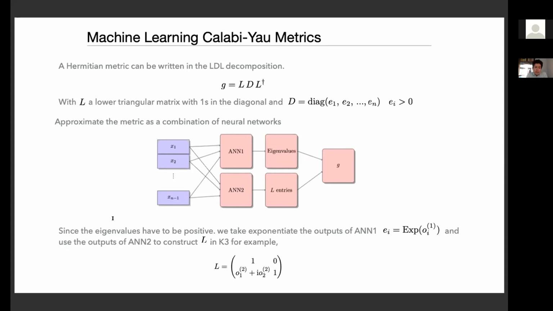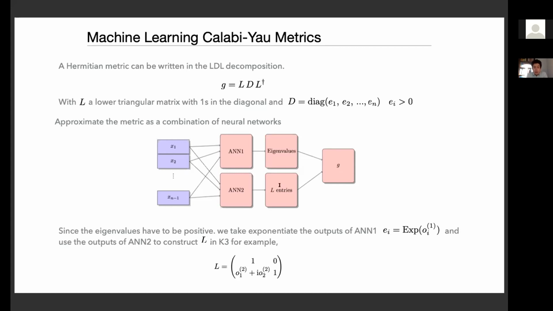As the eigenvalues have to be positive, we don't just take the bare outputs of this neural network, which can in fact be negative, depending on the biases. Instead, we take exponentials of those values in such a way that we guarantee that they are indeed positive. Remember that we're using PyTorch, and here we cannot input complex numbers directly, so we always take real and imaginary parts.